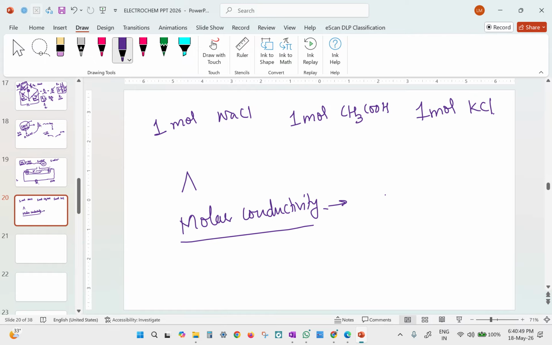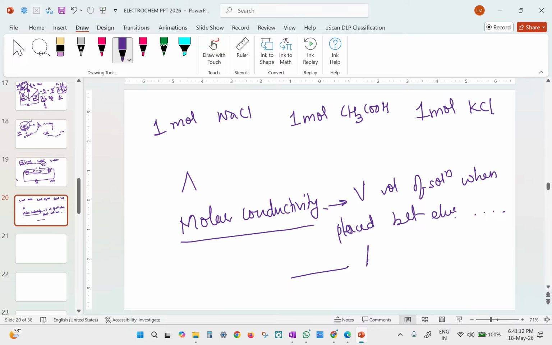It is the conductivity offered by V volume of solution when placed between electrodes. I'm going to show you the book also. Electrodes placed at 1 unit distance and area of cross section A. The moment I use the expression V volume and area of cross section A, these two are variables.